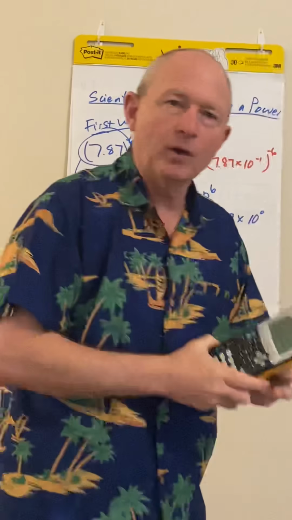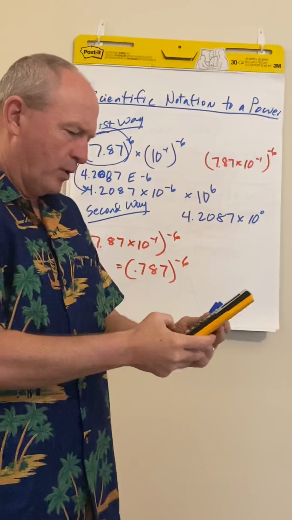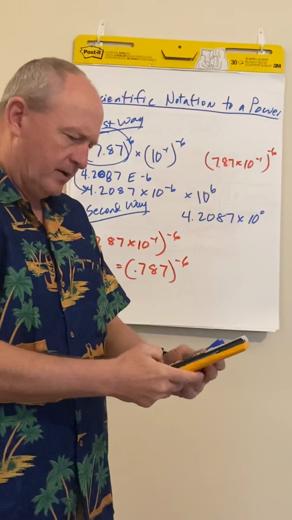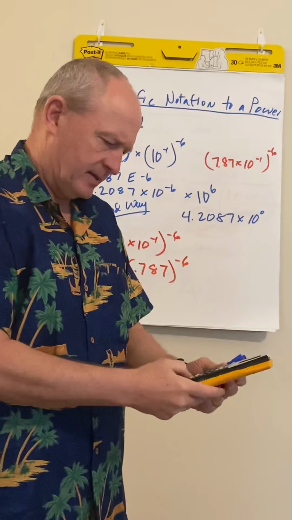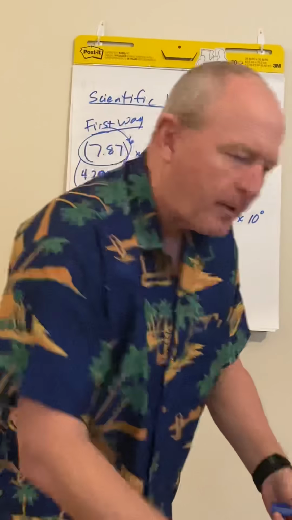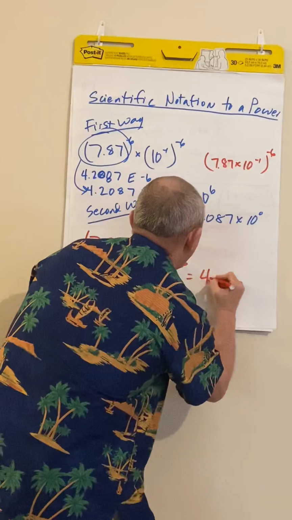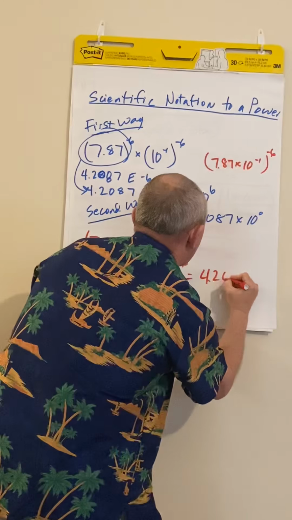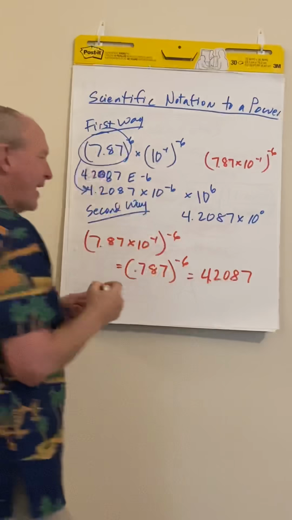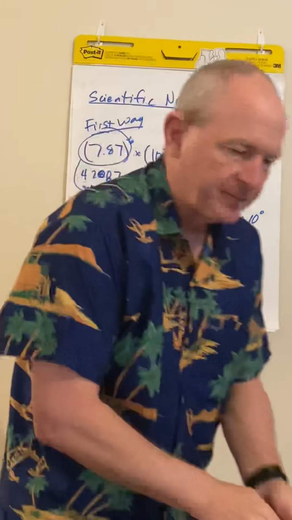Now that's weird, 0.787 to the -6th. Let's see what we get on the old calculator. 0.787 to the -6. No way, we got 4.2087 again. Got the same thing both times.